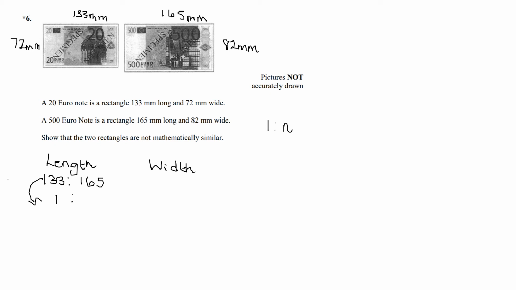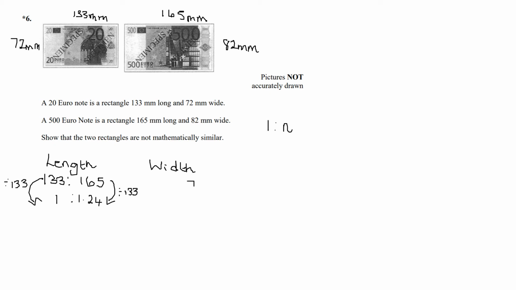So to get from 133 to 1, I'm going to divide by 133, and I need to do the same on the right hand side as well. And 165 divided by 133 is 1.24 to 2 decimal places. Now let's have a look at my widths.